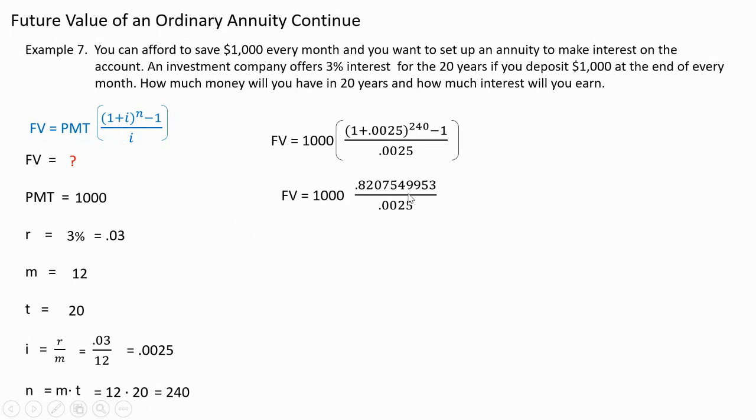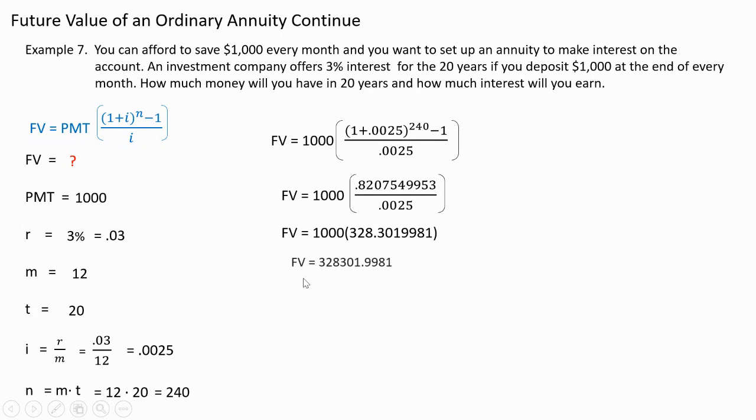You start by doing that first, and then you multiply them out. The 1 plus 0.0025 to the 240th power minus 1 gives you 0.82075499953. You divide by 0.0025, and this is the result, 328.3019981.